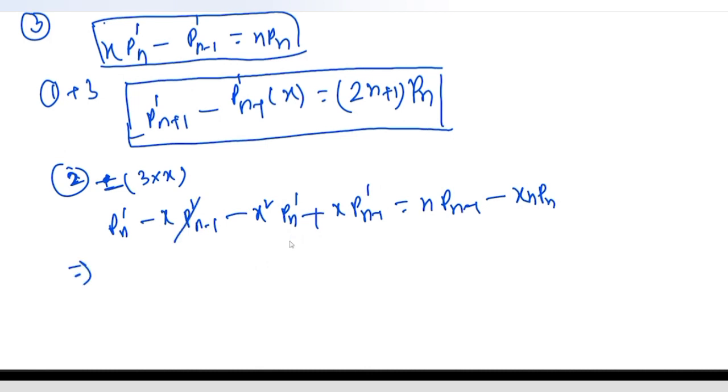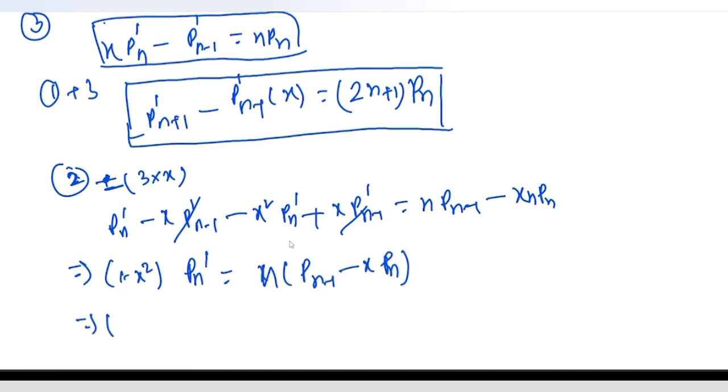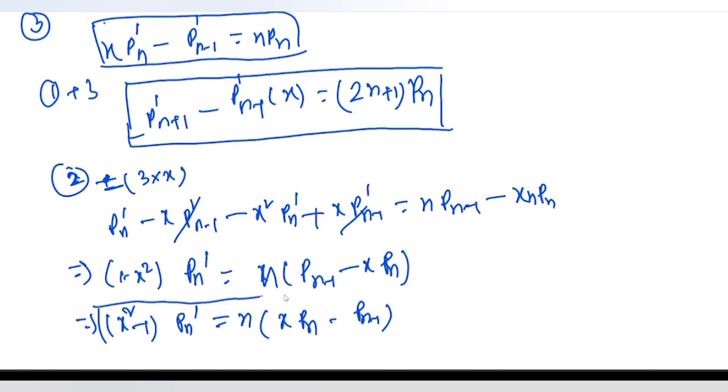Now this implies that 1 minus x square p of n dash equal to x of, or this can be written as, okay, this is the formula. This is also a recurrence relation between the polynomials p of n, p of n minus 1 and p of n dash.